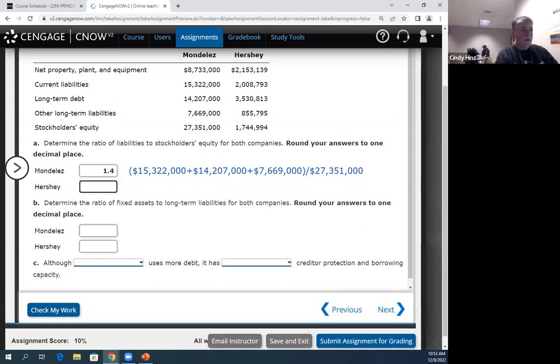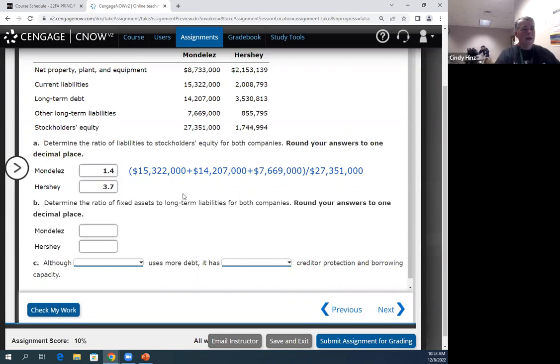And so for Hershey, what did you get for their ratio of liabilities to stockholders' equity, or their debt to equity ratio? Remember to round to 1 decimal place. Anyone get an answer for that one? 3.66, which would round to 3.7.